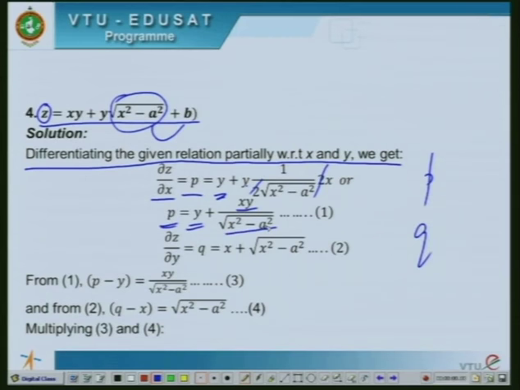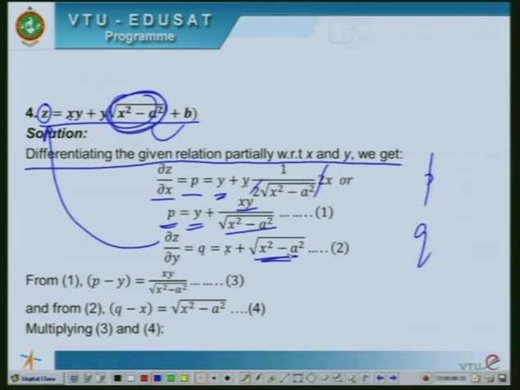Now, differentiate the given expression with respect to y. So, z becomes dou z by dou y, which is q. The derivative of xy with respect to y is x, then in y root x square minus a square, the root is a constant, so the differentiation of y is 1, and you get root x square minus a square.